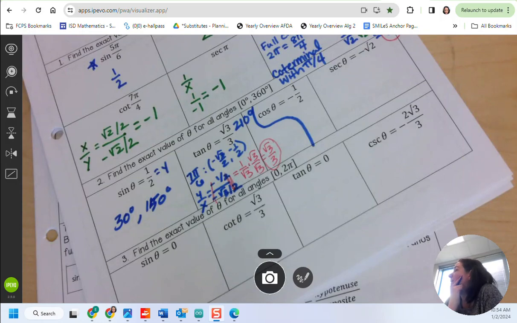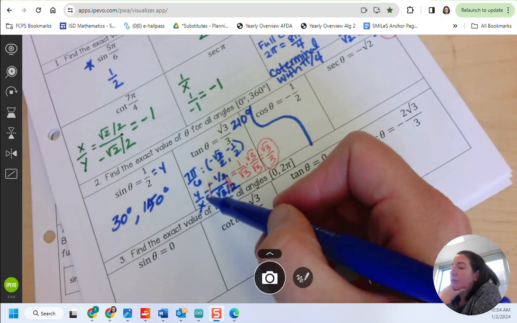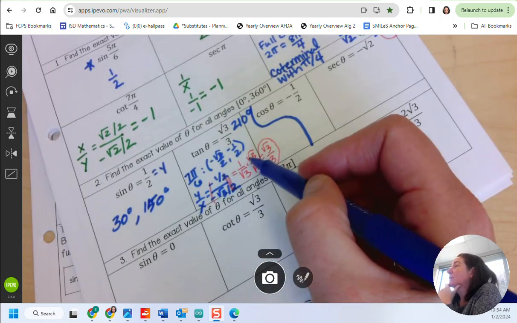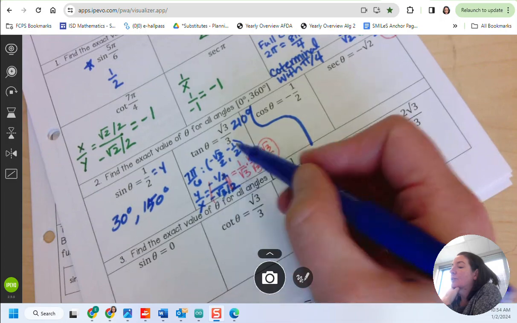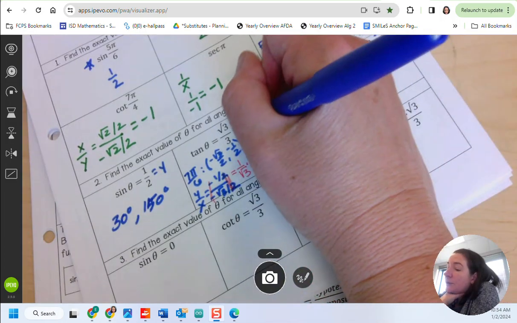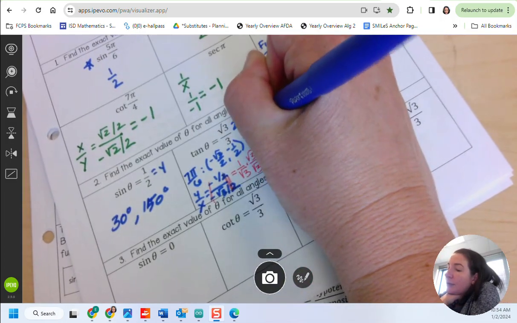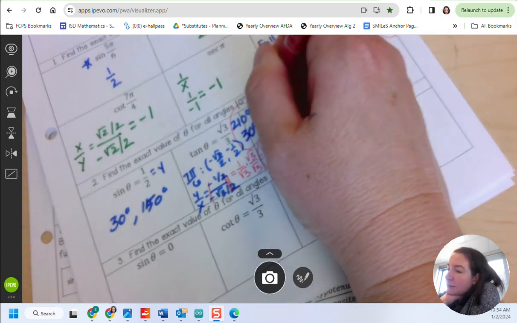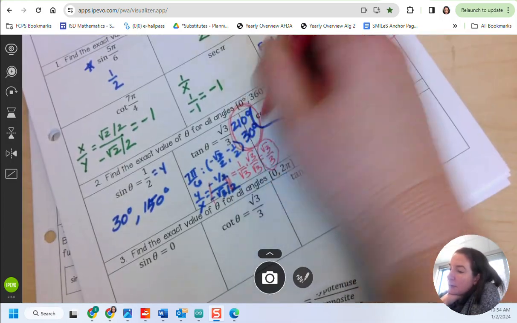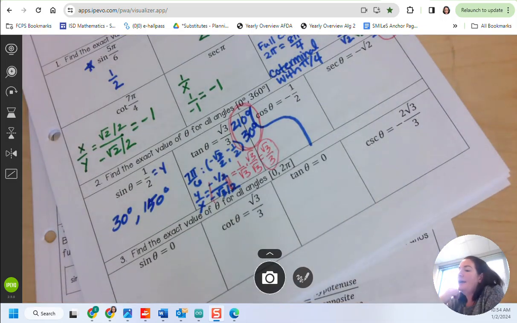It's just that they're both positive, right? 30 degrees and 210 degrees have the same coordinates, just that in 30 degrees they're positive, and in 210 degrees they're negative. So 210 degrees and 30 degrees are your answers. All right, try cosine negative 1/2 and secant negative root 2.